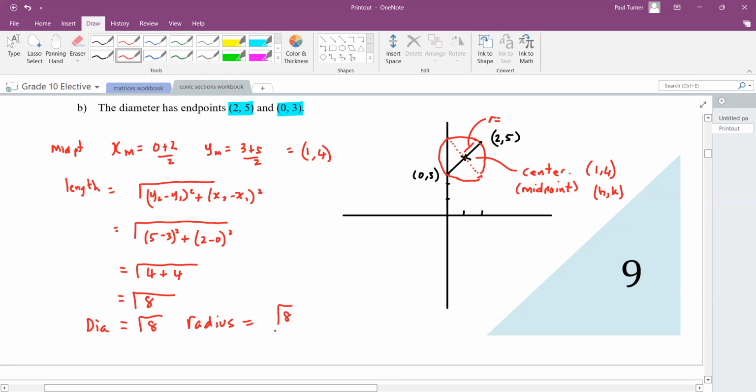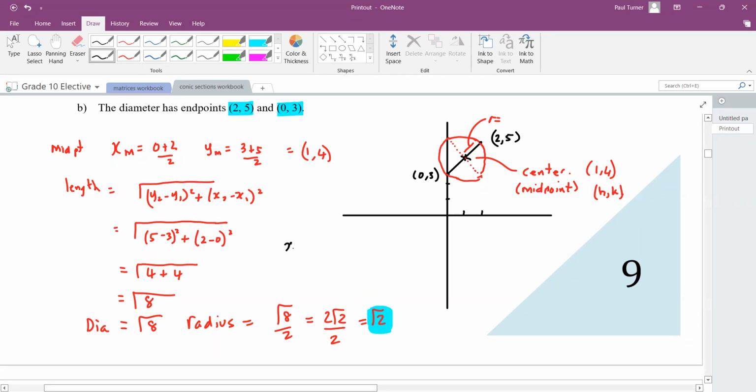So you've got root 8 on 2. But remember, root 8 can be simplified to 2 root 2. 2 divided by 2, cancel the 2, you'll get root 2. So this is the radius of your circle.